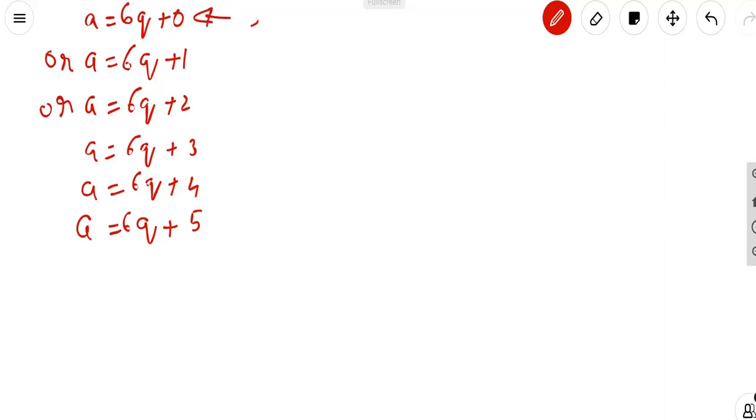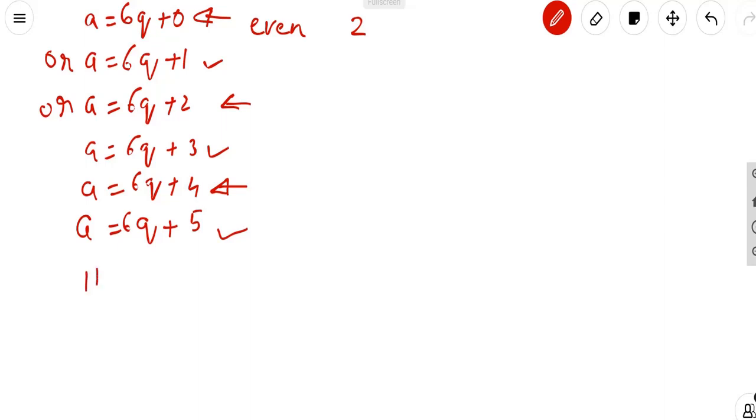Now as we have seen, what is this? This number is even, so that is divisible by 2. Now this is also even, which is divisible by 2, and this is also even, which is divisible by 2. Okay, so what are the left out numbers? See, in the question he has given any positive odd integer. So this is your odd number, this is also your odd number, this is also your odd number.